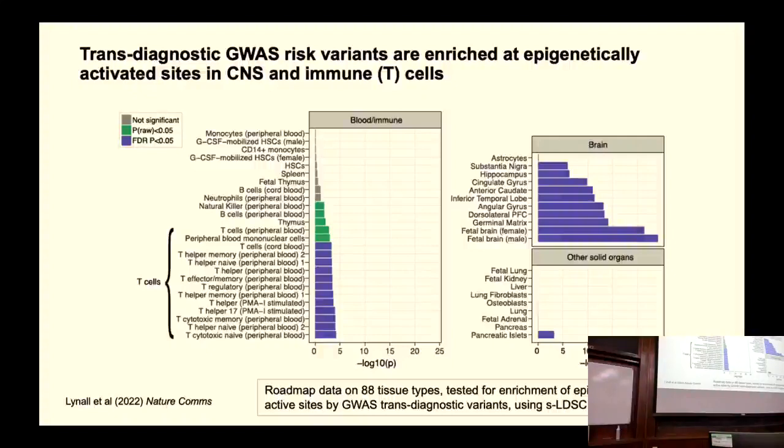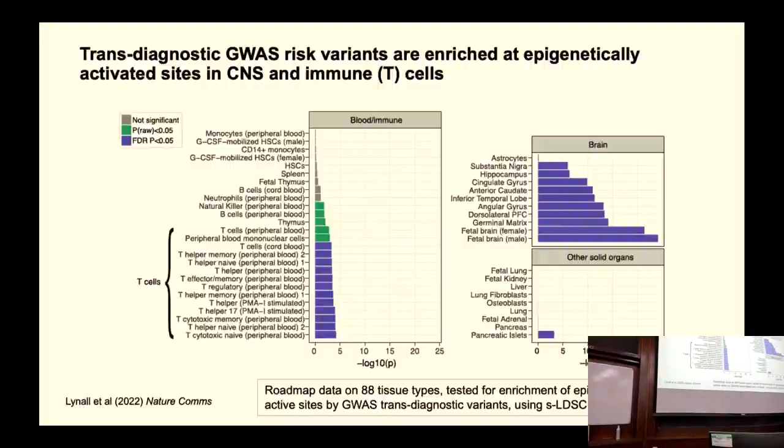So you take a lot of GWAS studies and you collect the list of risk genes that come out of GWAS, and then you look to see where in different tissues those risk genes are concentrated on sites of epigenetic activation. It turns out there are only two tissue types for which that is true. There's the brain, which is not surprising, but quite reassuring.